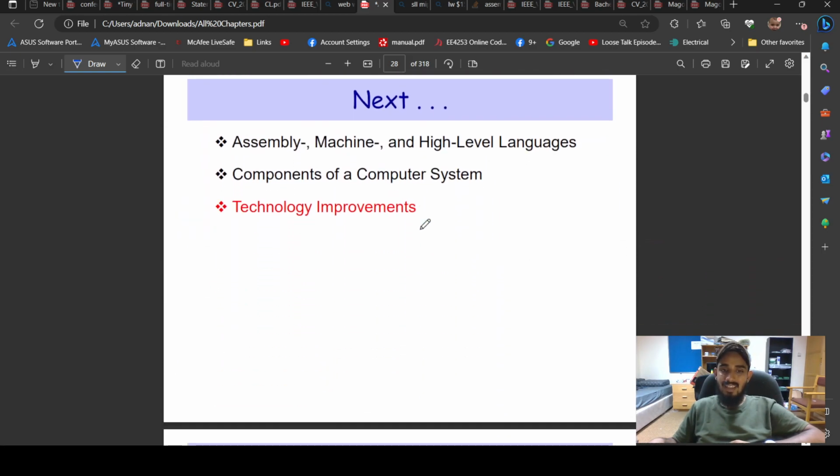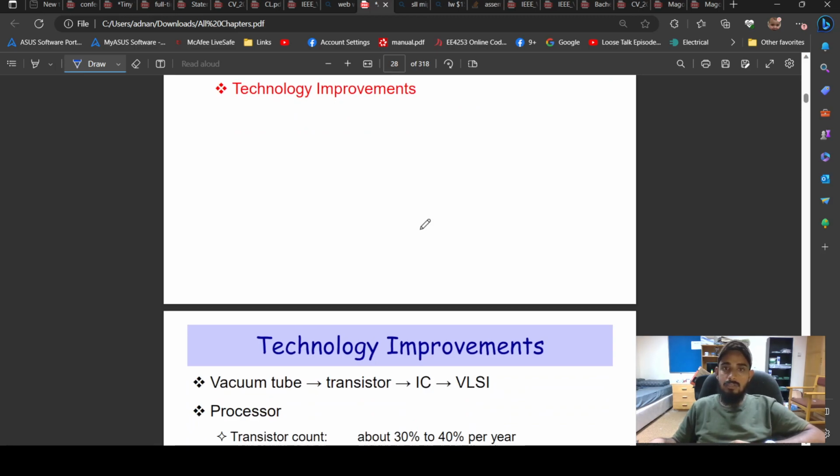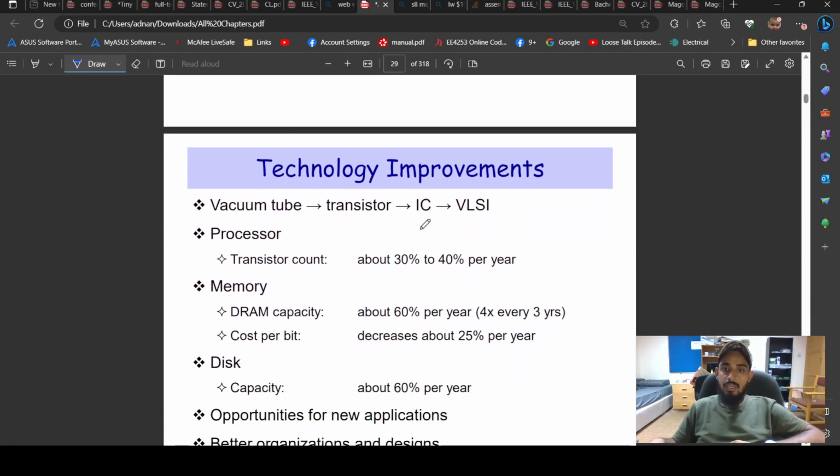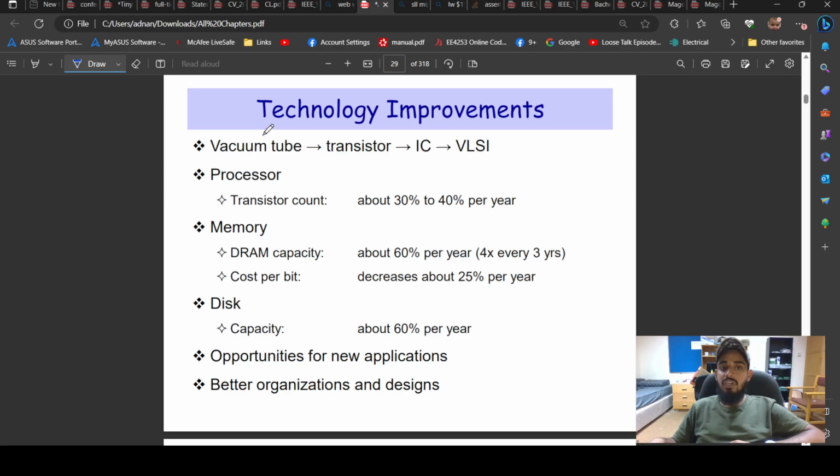Next come the technology improvements. Initially vacuum tubes were used, then the transistor came to store a bit. Now the IC came, and these days very large scale integrated circuits are used. As we know, the transistor count was initially very low, but nowadays there is Moore's law, which says the transistor count increases by some percent every period.